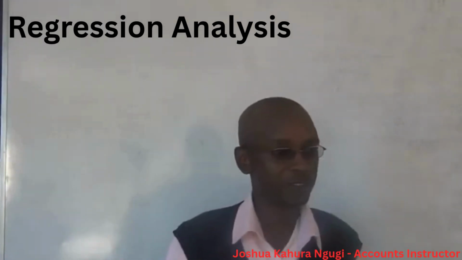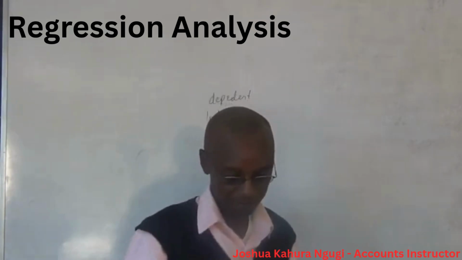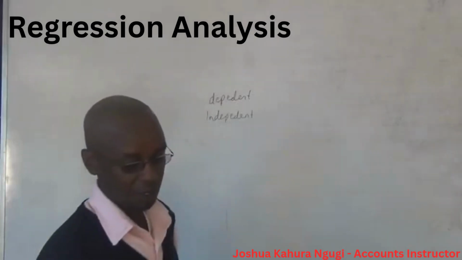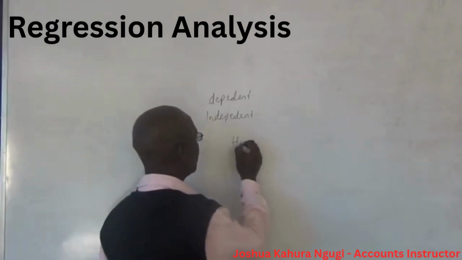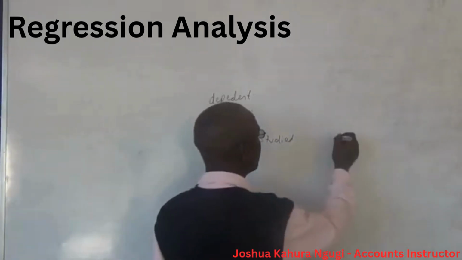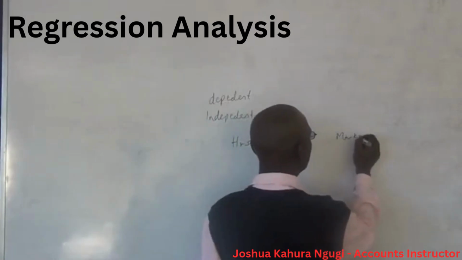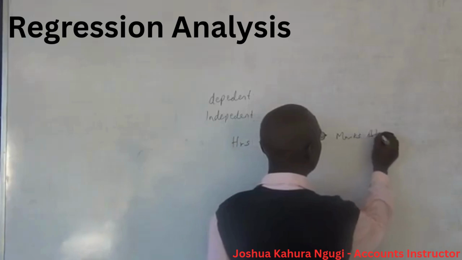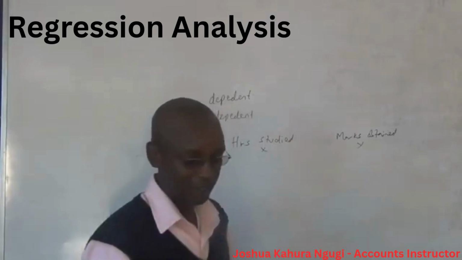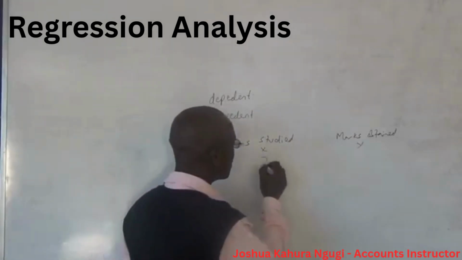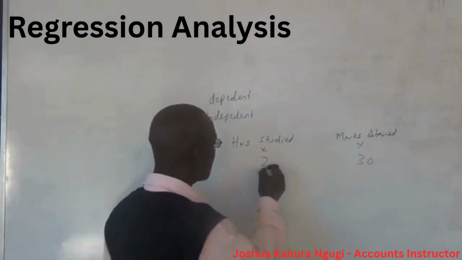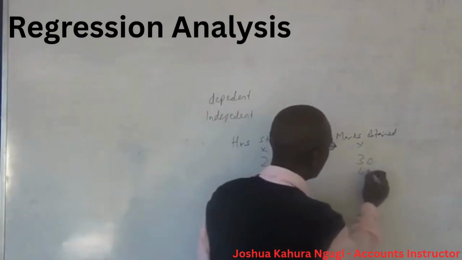So what are the objectives? Example. So you can look at this example. If you look at hours studied and marks obtained, this is X, this is Y. Okay? So if you study for 2 hours, you get that one. You study for 4 hours, you get 45.